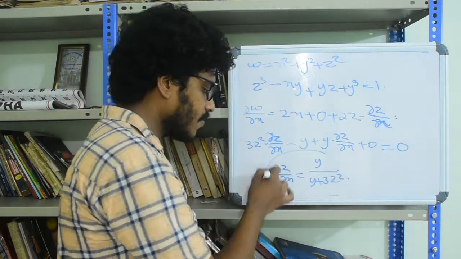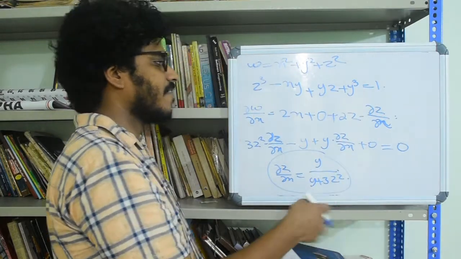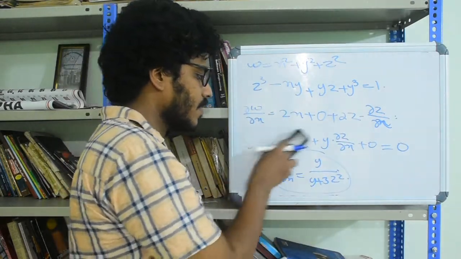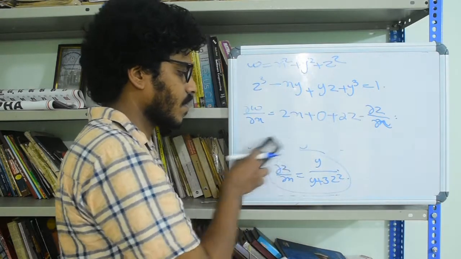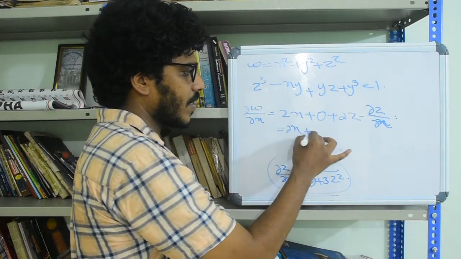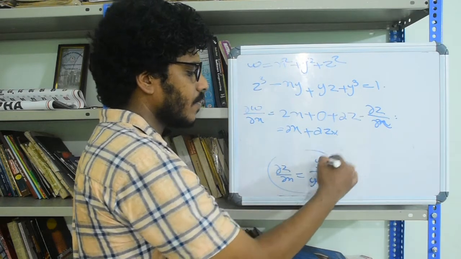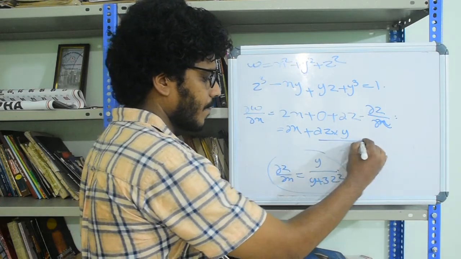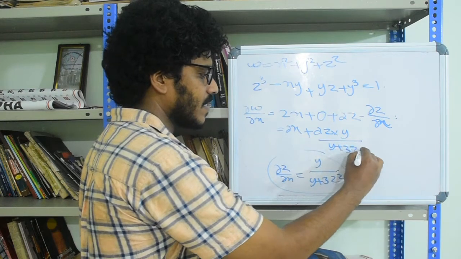Right, so you got the expression for dou z by dou x, and substitute that expression in this. Two x plus 2z into y by y plus 3z square.